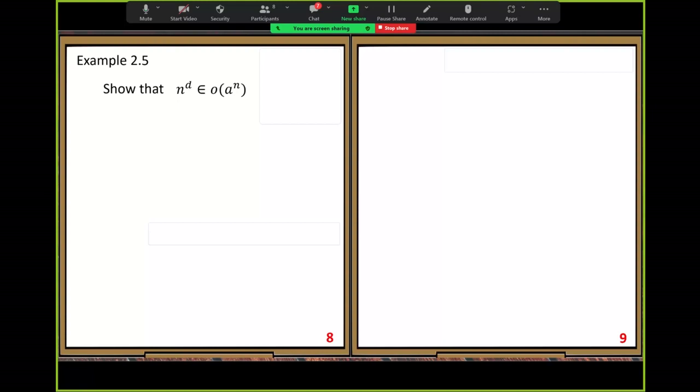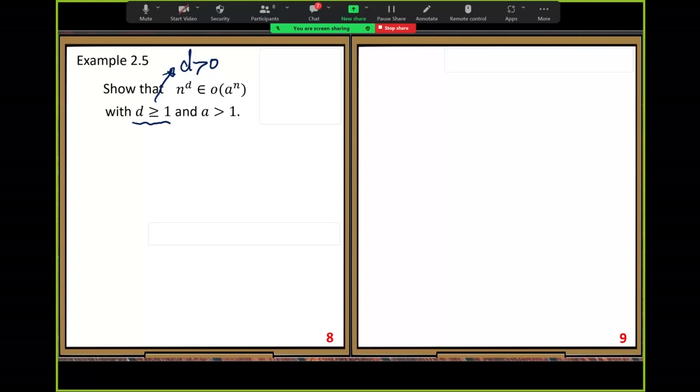Here d is greater or equal to 1. Although d is greater or equal to 1, actually we can consider d to be any positive number. It's true.